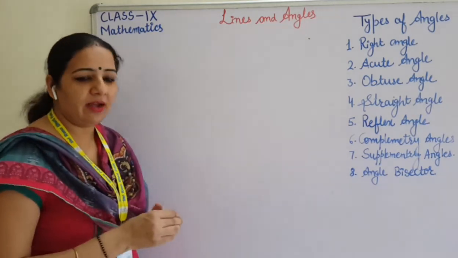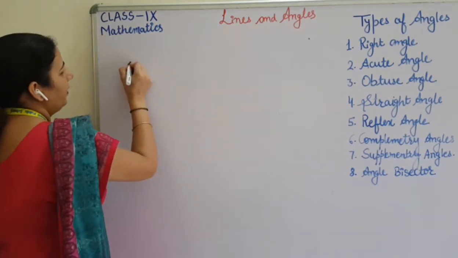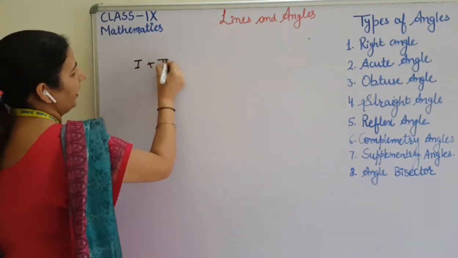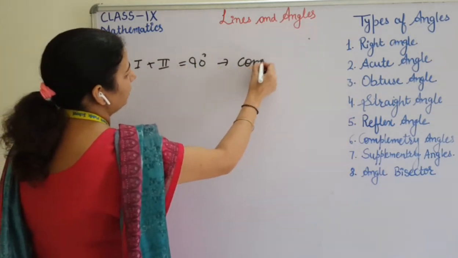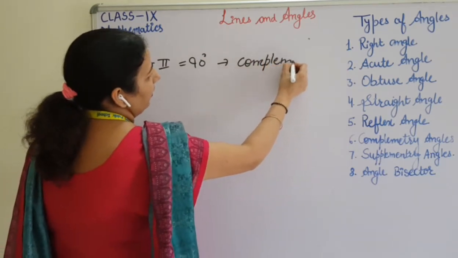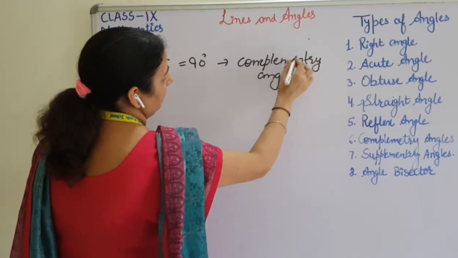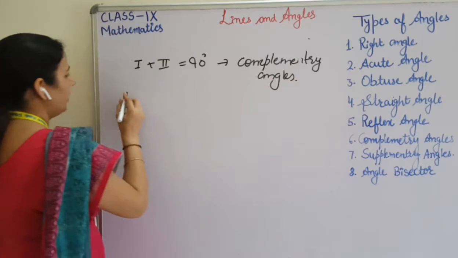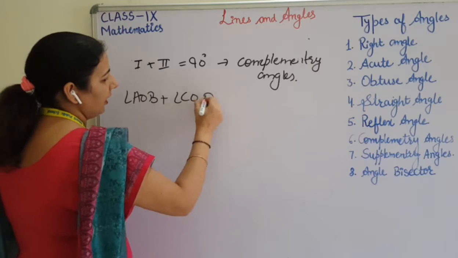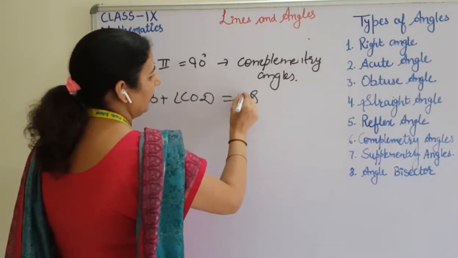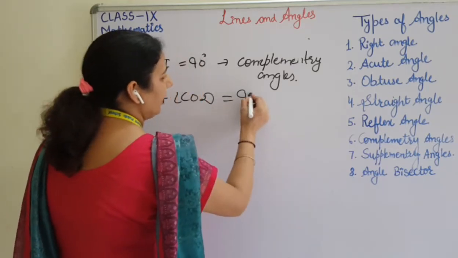After adding, if the sum of the first angle plus the second angle is equal to 90 degrees, then they are known as complementary angles. If angle AOB plus angle COD has a total sum of 90 degrees, then they are known as complementary angles.